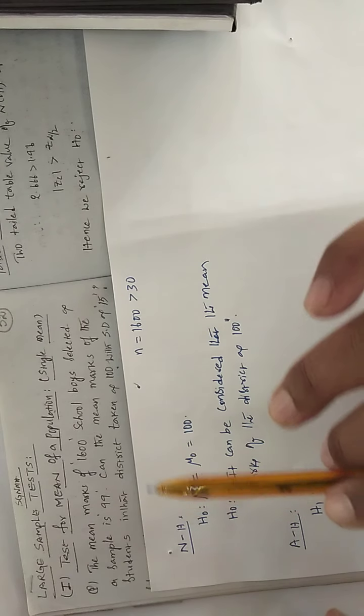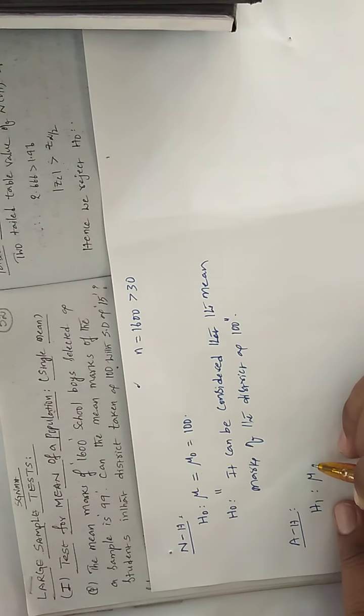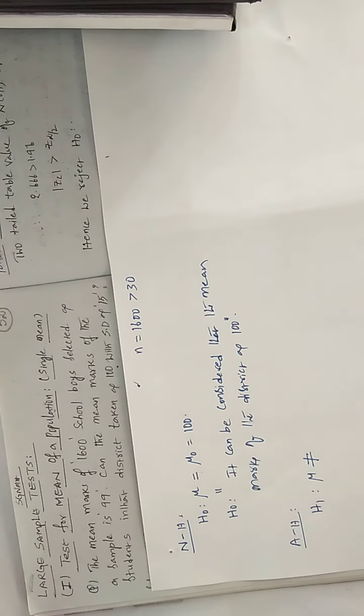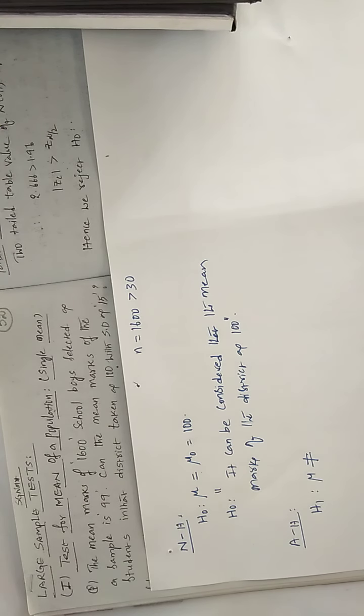When there is no comparative word, we can directly put not equal to. This point is very, very important, because based upon the alternative hypothesis only, the final table value is going to be read out. So be careful to identify whether you need to write the not equal to sign, greater than, or less than.